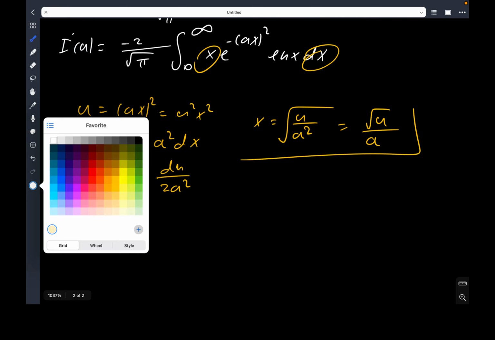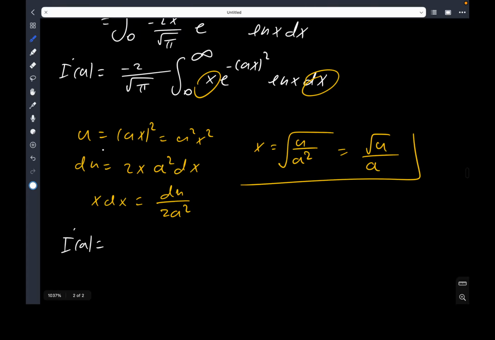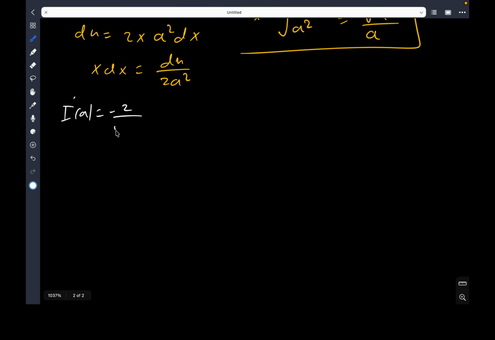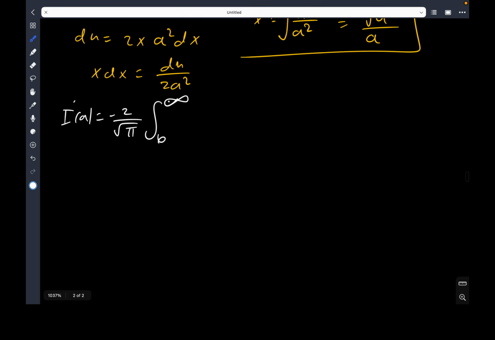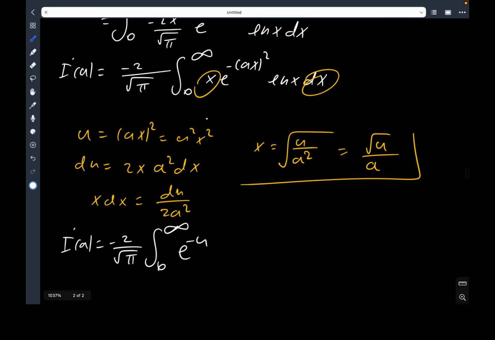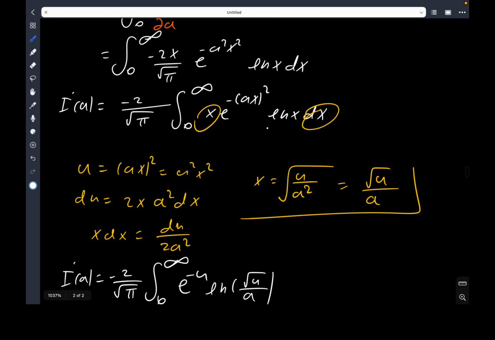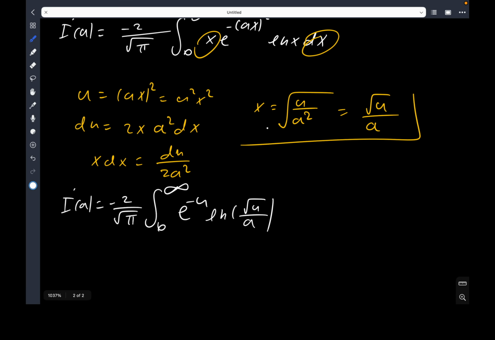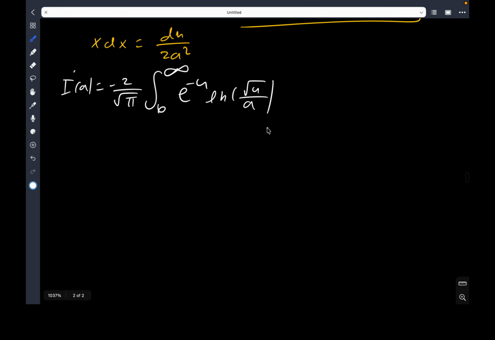If I do this substitution, I prime of a would be negative 2 over root pi, the integral from 0 to infinity of e to the negative u, ln of x would be ln of root u over a, and x dx is du over 2a squared.